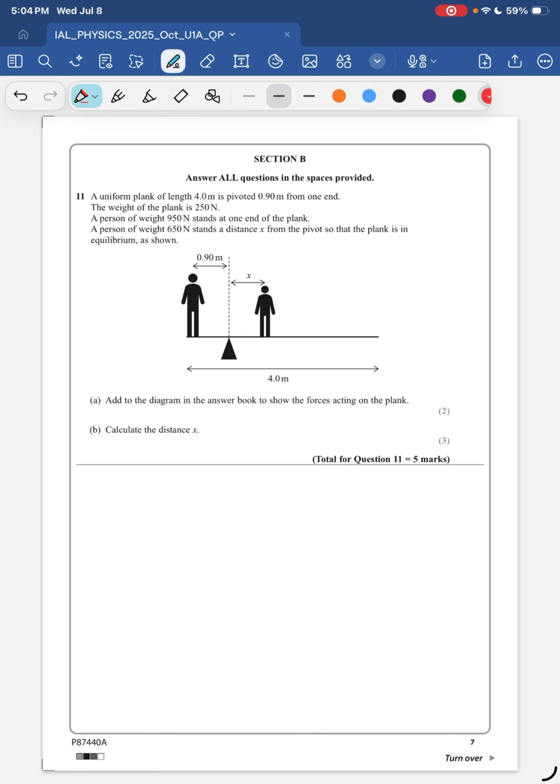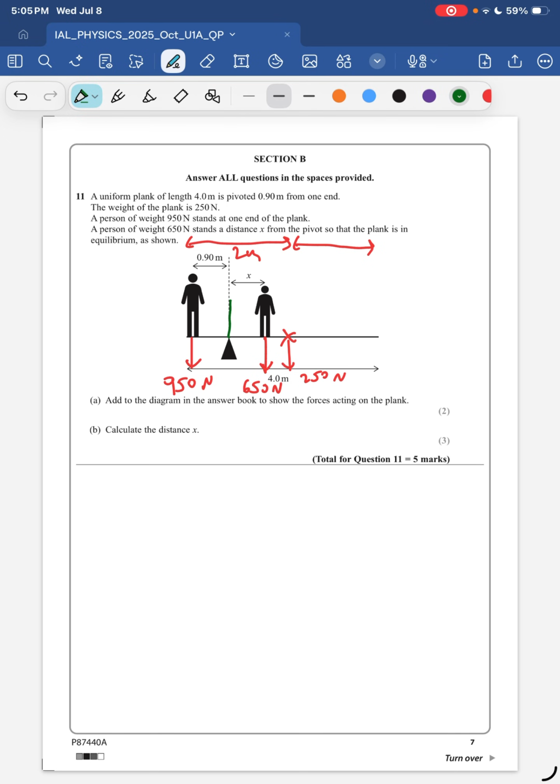So first of all, we have the weight of this person, 950 newtons, and the weight of the second person, 650 newtons. Then at the center of mass, which is at 2 meters for this object, somewhere there, we will have the 250 newtons, which is the weight of the plank, acting down.